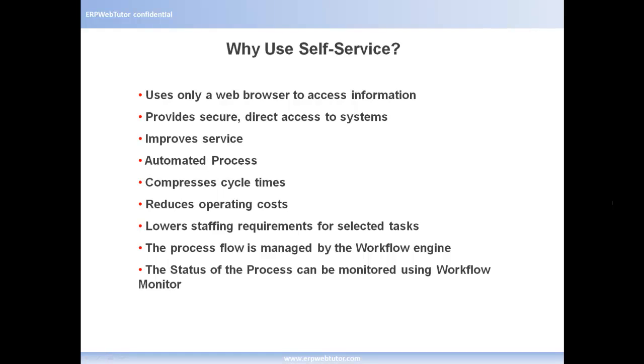Instead, if you have self-service, the employee can log in, go to his own information, and change certain information on his personal record that can be approved or notified to the concerned person. So in a way, we are leveraging this whole idea of the data entry process by allowing the employees of the company to do a lot of data entry work instead of the human resource team.